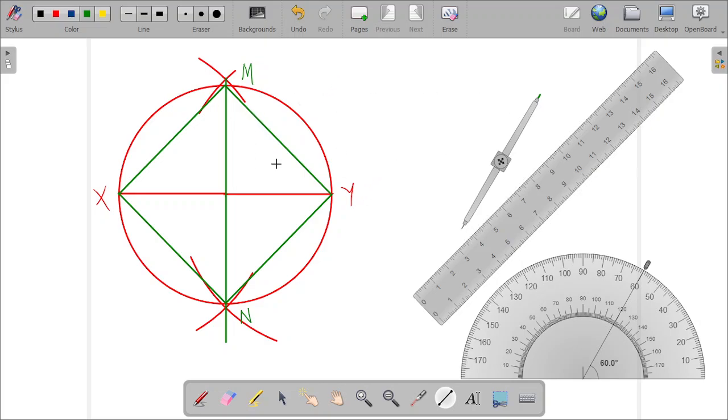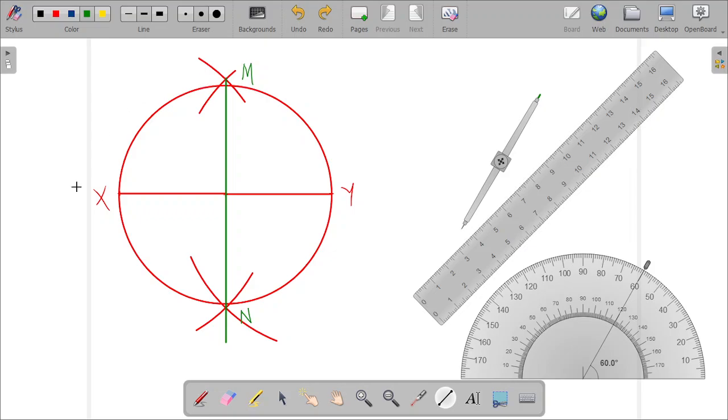I hope that's very clear. Now the next thing we're going to do is inscribe a regular octagon. If you want to inscribe a regular octagon in a circle, you have to follow this same procedure as for a square.